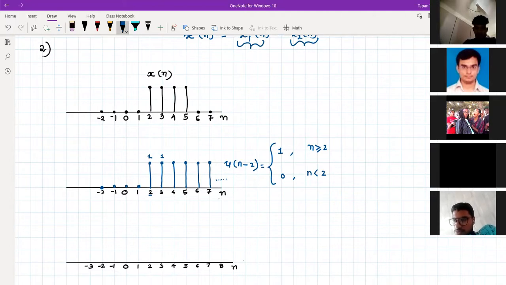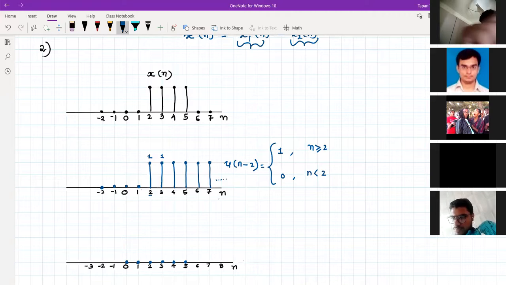Now, at 0, it is 0 minus 0. So you get 0. At 1, it is 0 minus 0. So you get 0. At 2, 1 minus 1. So it is 0. At 3, 1 minus 1. So it is 0. At 4, 1 minus 1. So it is 0.